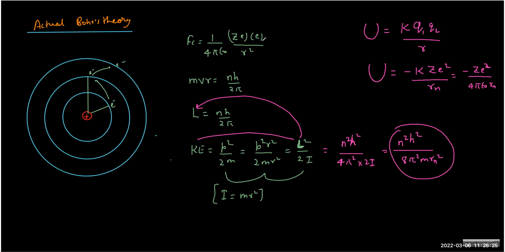So we can write from the Coulomb's law equation, isn't it? What can we write? Tell me. From Coulomb's law, from the circular motion concept, we can write the net force towards the center is m v square by r. But this is the same as kinetic energy into 2 times by r.